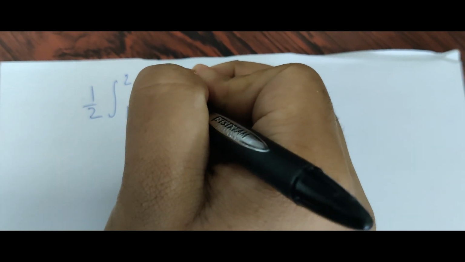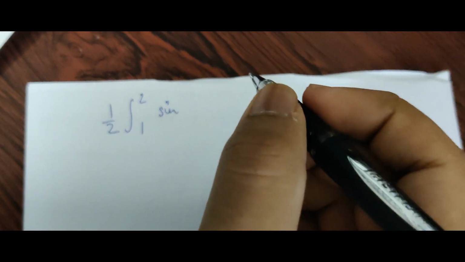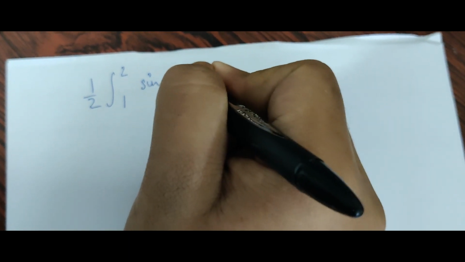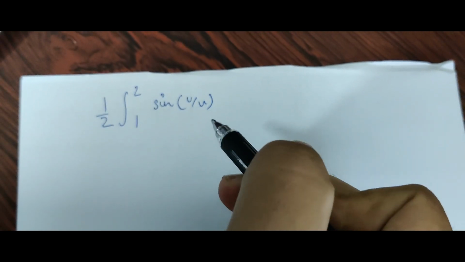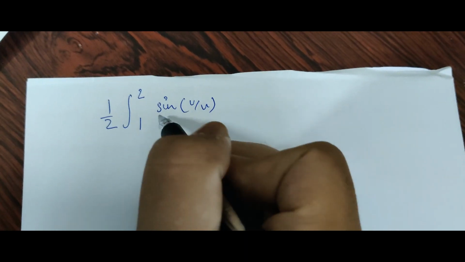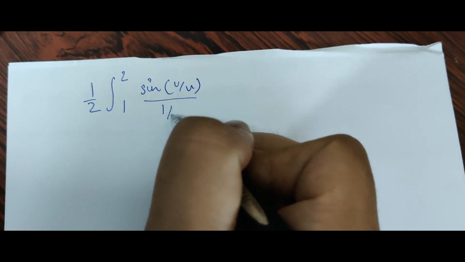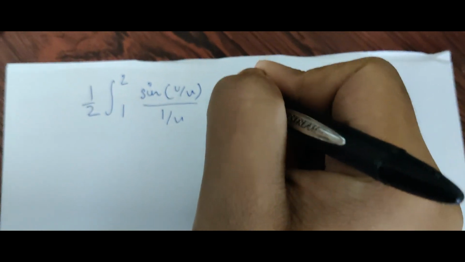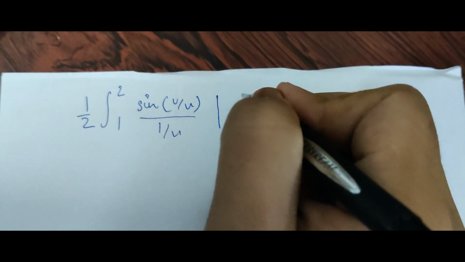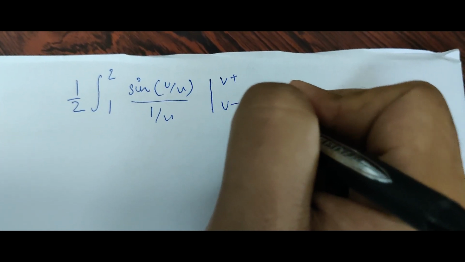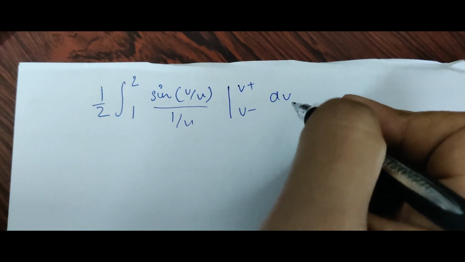we know that the J was half, and we've integrated it once, 2 1, and cos becomes sine, and because we integrated in terms of u first, so u by v. Where v becomes a constant, this is divided by 1 by v, and then we still have to integrate in terms of v.